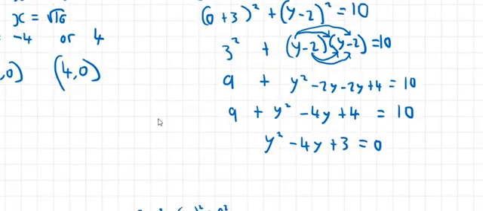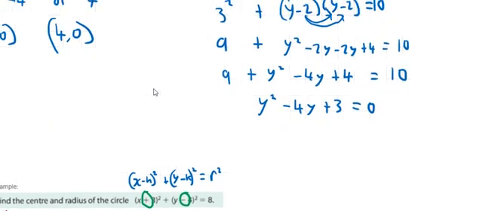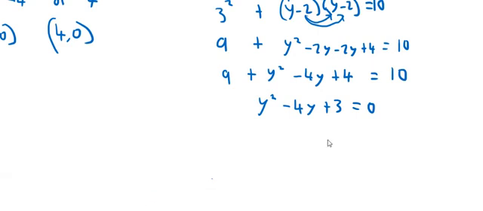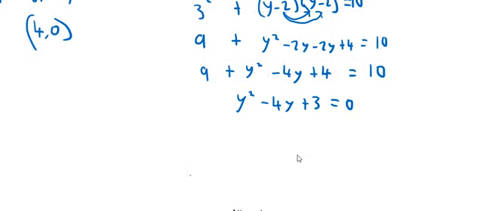What you've got here is a quadratic. To factorize this quadratic on the left hand side, you must find two numbers that multiply to give you 3 and sum to give you -4.